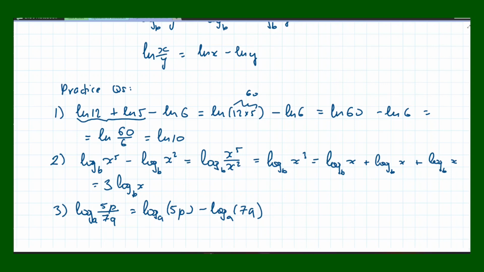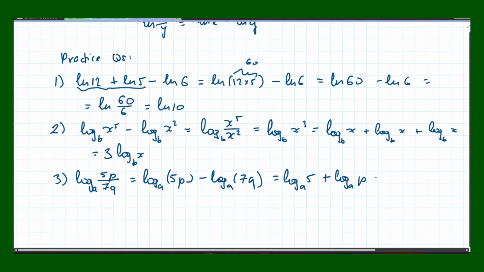Now, the numerator of the fraction, which is now the argument of the first log, is a multiplication of 5 times p, because remember, in mathematics, if there's nothing between a letter and a number, it's always multiplication. Then I can use the first rule, the multiplication rule, and break this out into log base a of 5 plus log base a of p.